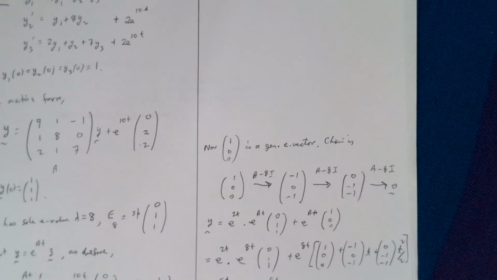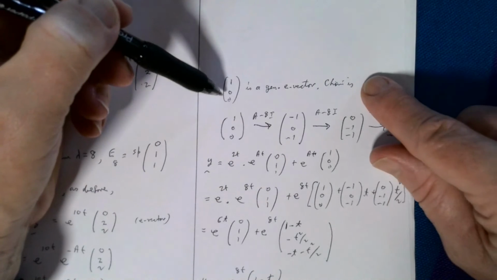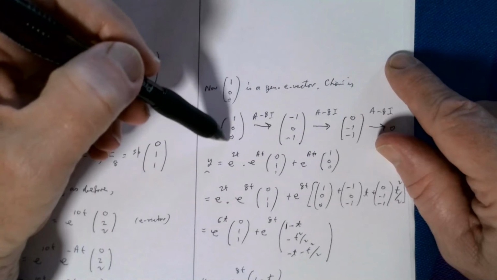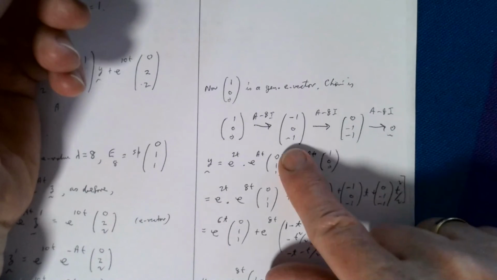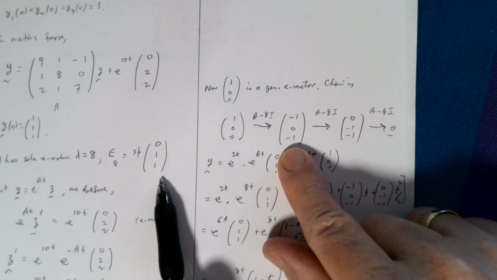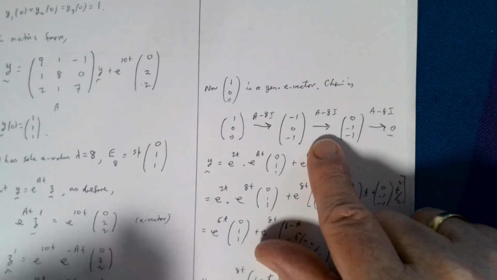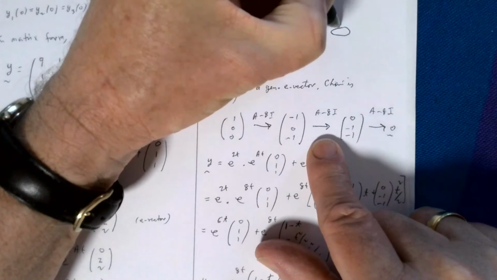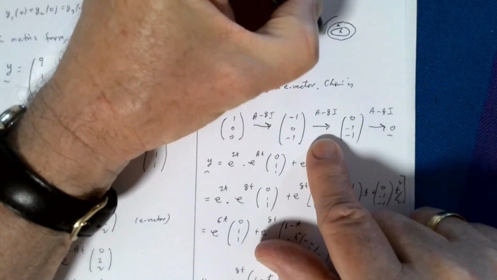So 1, 0, 0 is a generalized eigenvector, so I start to chain in. So I multiply this by A minus 8I, I get 1, 0, minus 1. Now that is not an eigenvector, as I can see from here. So I'm going to multiply by it again. So in terms of the onion, we've got one eigenvector, we pick up one generalized eigenvector and one more.